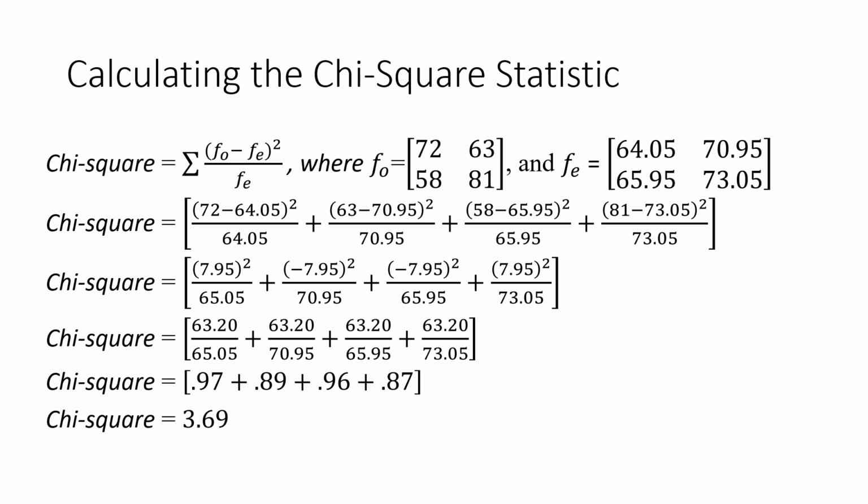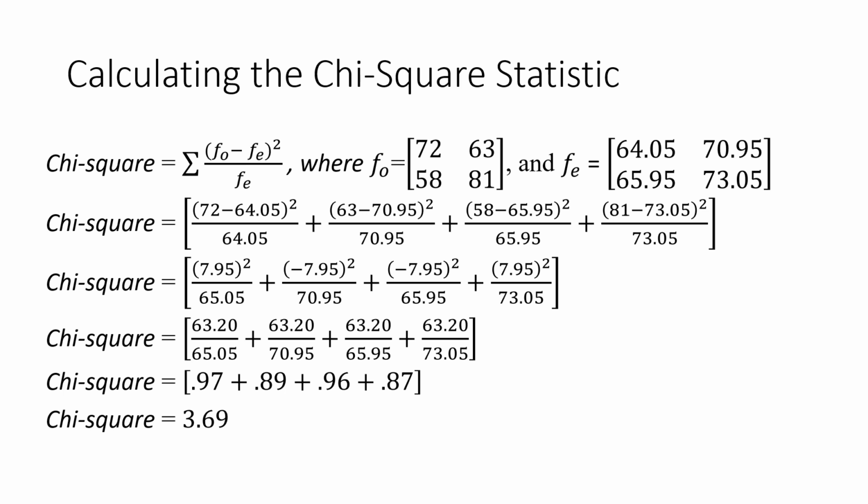Essentially what we're doing is we're summing together the observed frequencies minus the expected frequencies squared and then dividing that by the expected frequencies. So first thing we need to do is remind ourselves of what the observed frequencies, that's F sub O there.